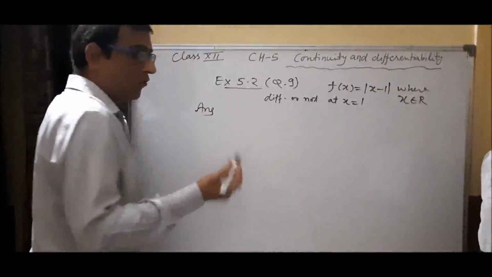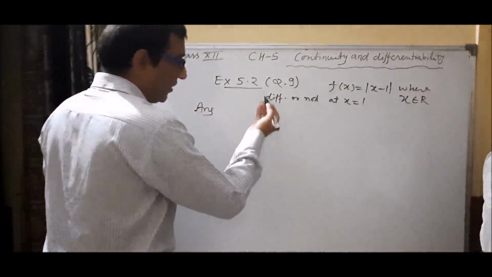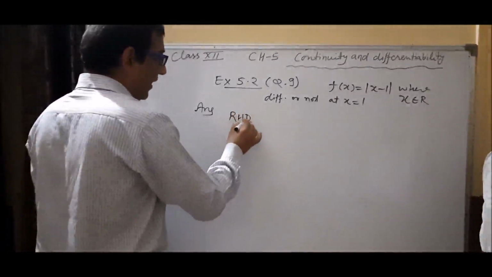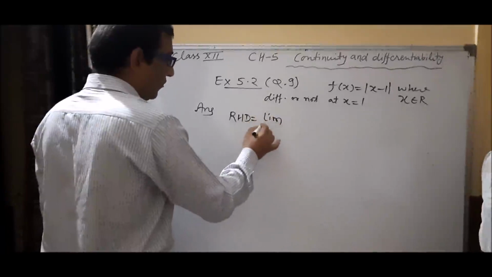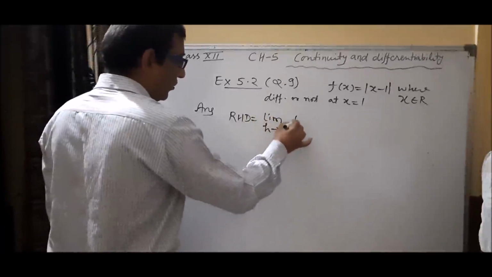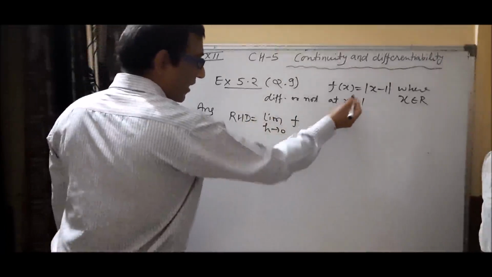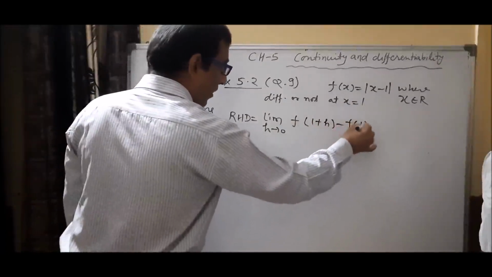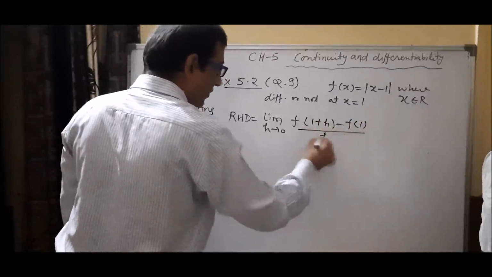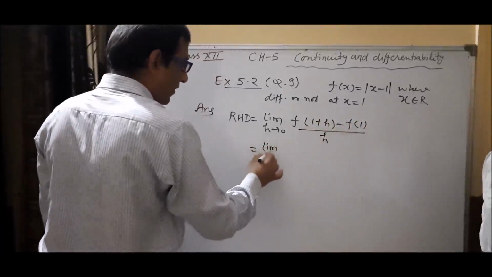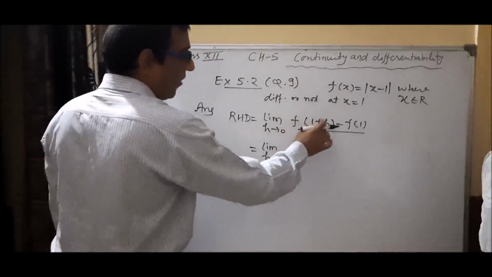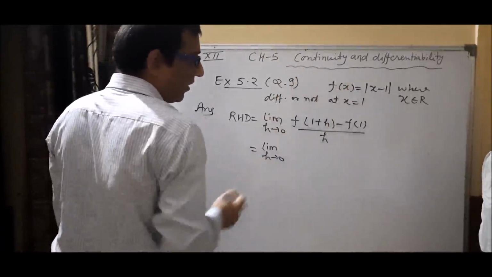As we know, a function is differentiable when RHD and LHD both are equal, otherwise it is not differentiable. So first we will go with the right hand derivative. The value of right hand derivative is limit h approaches 0 of [f(x+h) - f(x)] upon h, and here the value of x is 1, so f(1+h) minus f(1) upon h. So f(1+h) we will calculate with the given function.